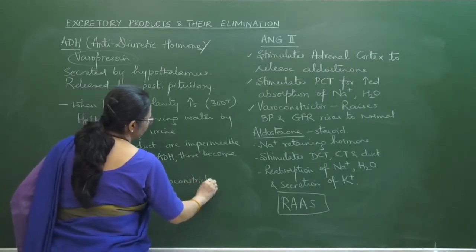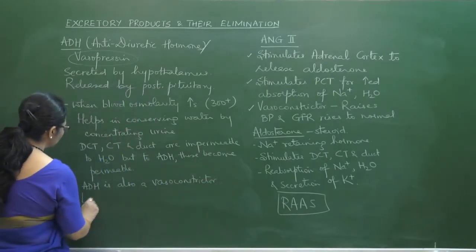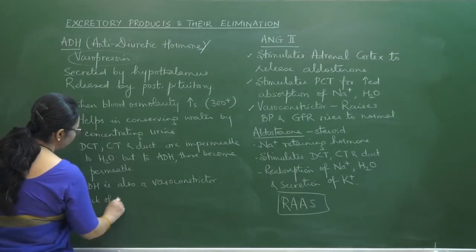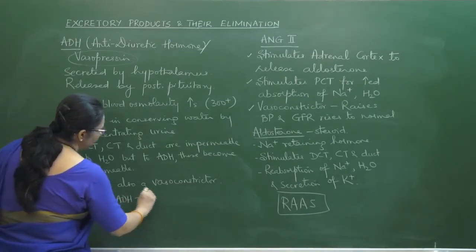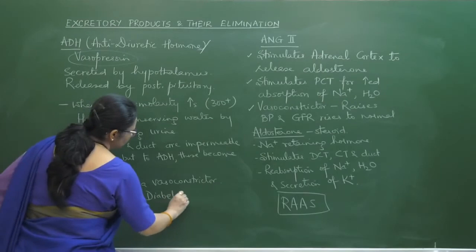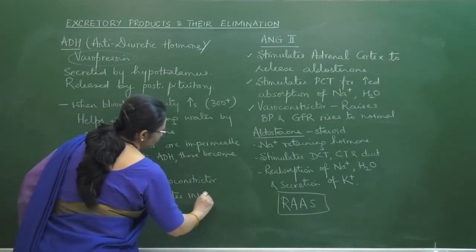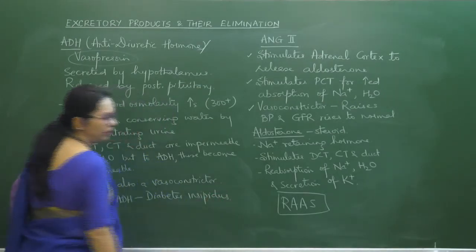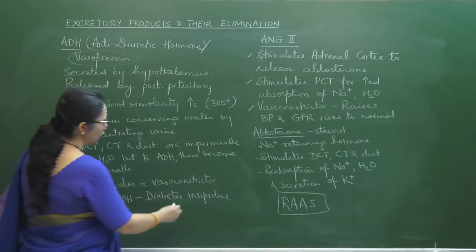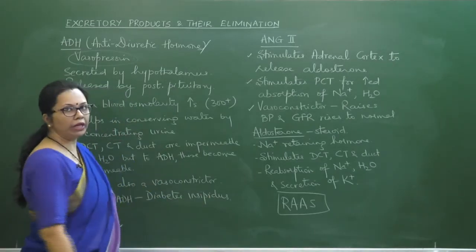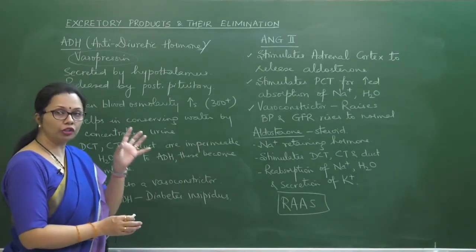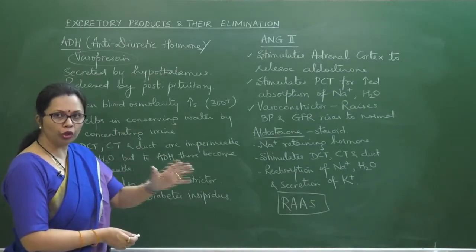Okay, and lack of ADH causes a disorder that is diabetes insipidus. Now this is different from diabetes mellitus, where the problem is because of excess glucose in the body, an insulin problem.